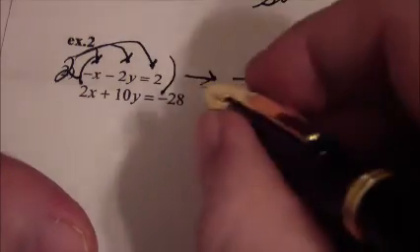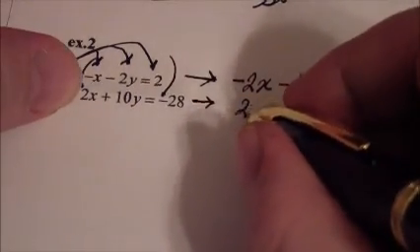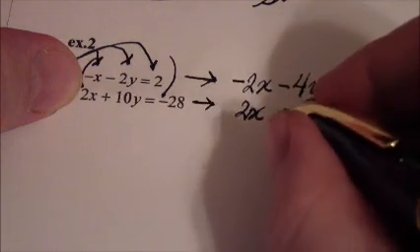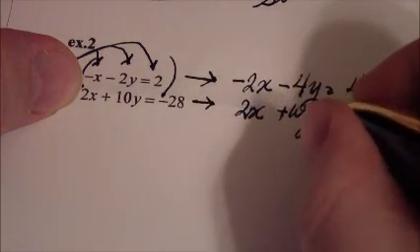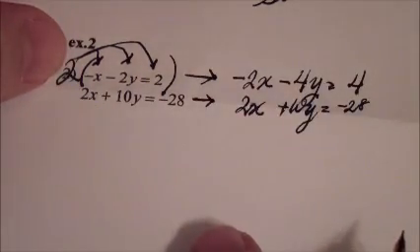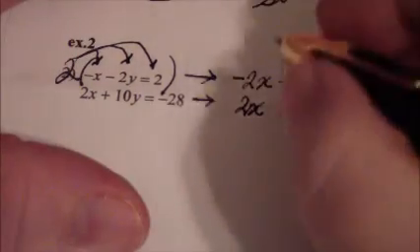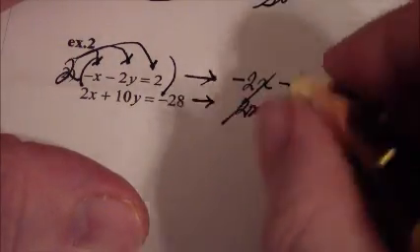Bottom equation, I don't got to multiply. We have 2x plus 10y, negative 28. So by multiplying the top by 2, we're going to be able to eliminate the x's. These guys cancel.